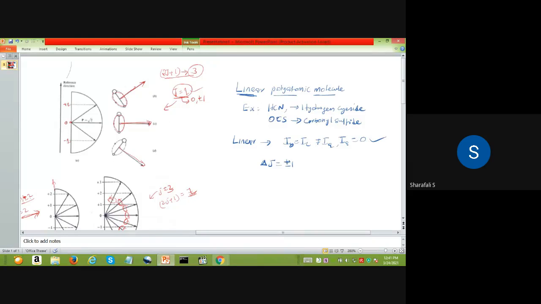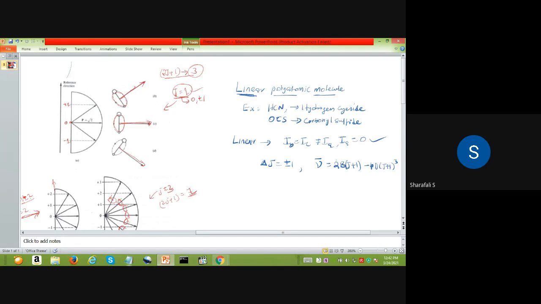And also mu bar will be equal to 2B into J plus 1 minus 4D into J plus 1 cube. So all these things are the same.